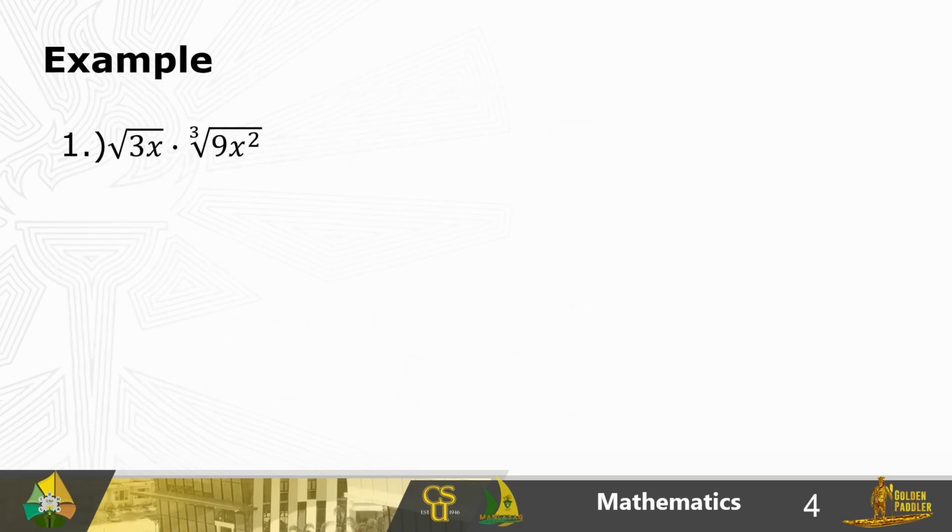How about this? Square root of 3x times the cube root of 9x squared. Now take note that by the laws of exponent, we can write the square root of 3x as the quantity 3x to the 1/2. And with the same strategy, we can write the cube root of 9x squared as the quantity 9x squared to the 1/3.